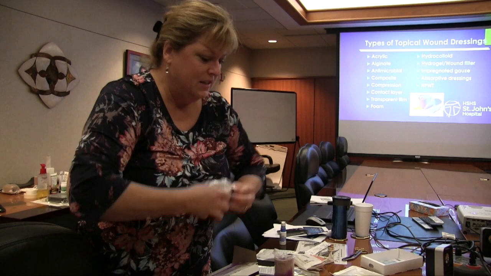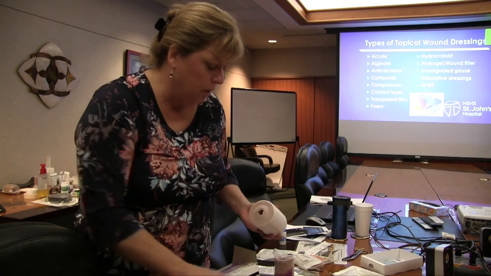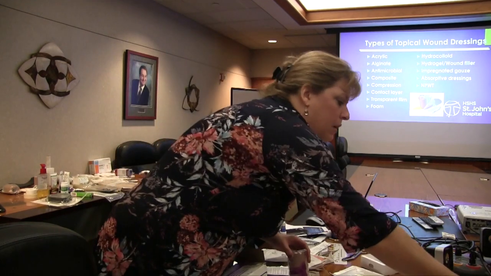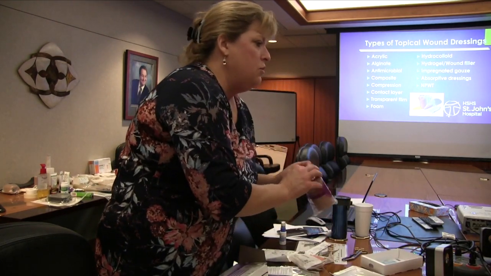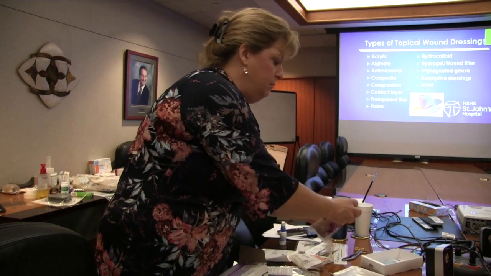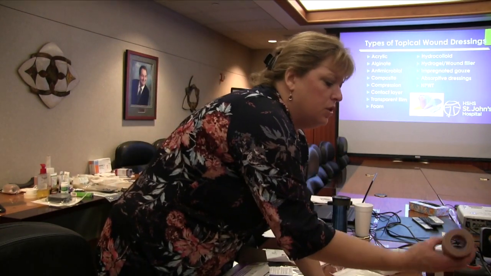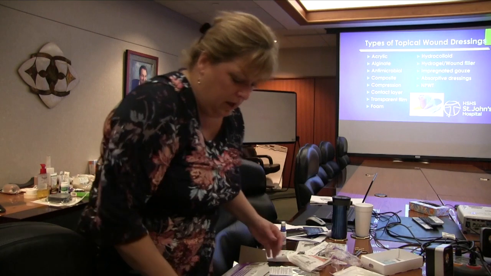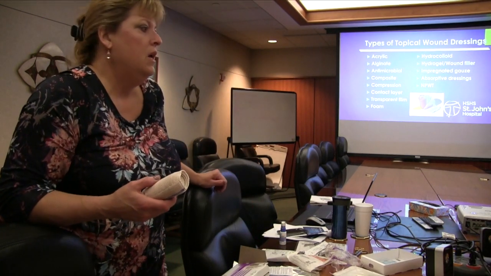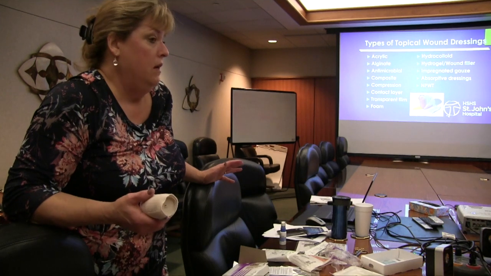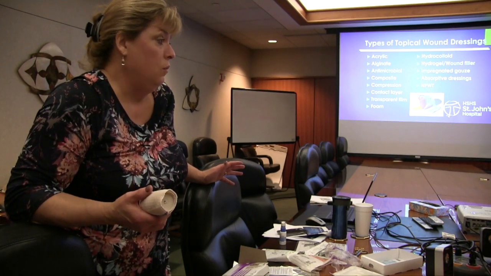This is a nice foam padding that will protect the bony prominences, and it wicks and absorbs. You get a short stretch effect with this bandage. So your short stretch comes from that, and the circular stretch comes from this. So this is for venous ulcers, lymphedema, all of that. It can stay in place for a full week.